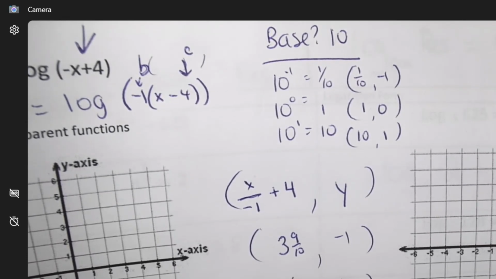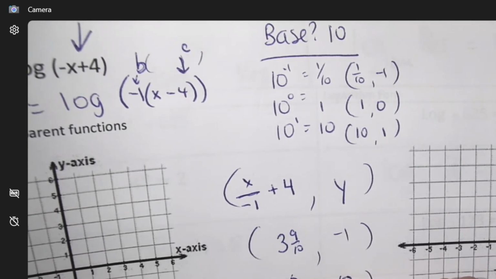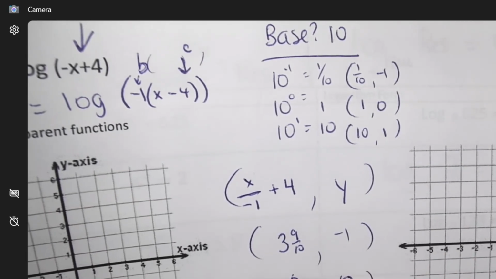And then 10 divided by -1 is -10 plus 4 is -6, right?